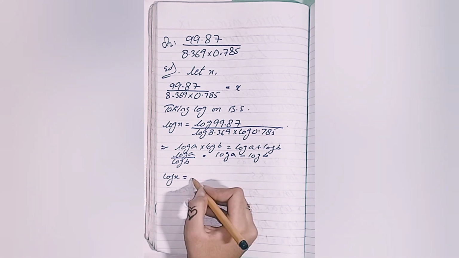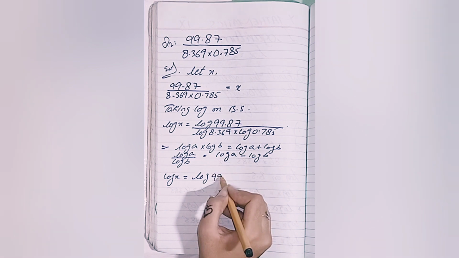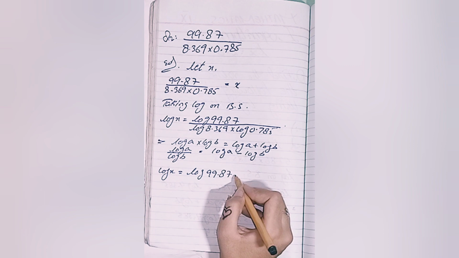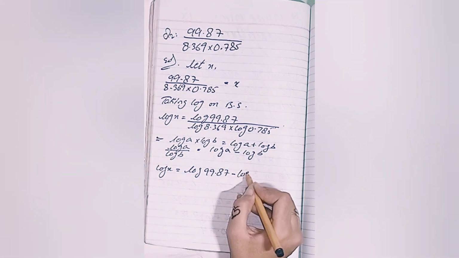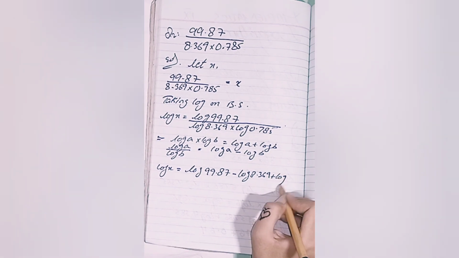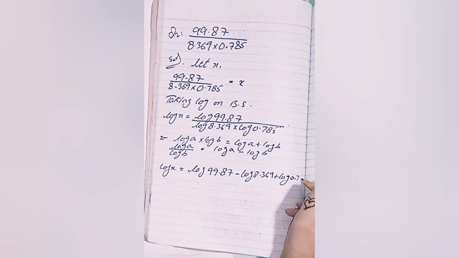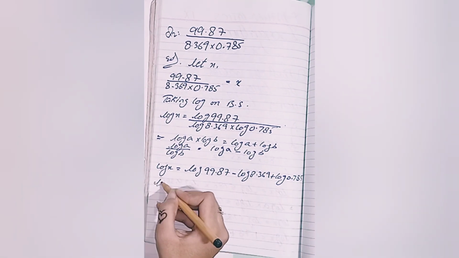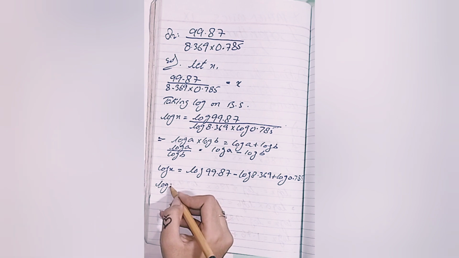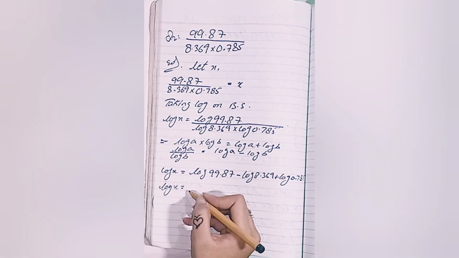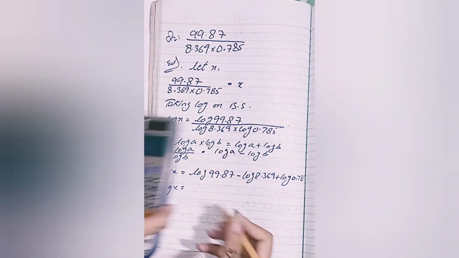log x is equal to log 99.87, division, so we have to write minus, then log 8.369 plus log 0.785. Log x is equal to, we have to find log 99.87.